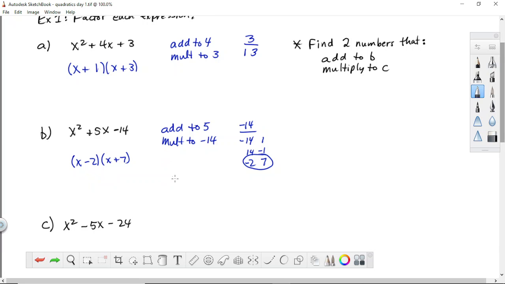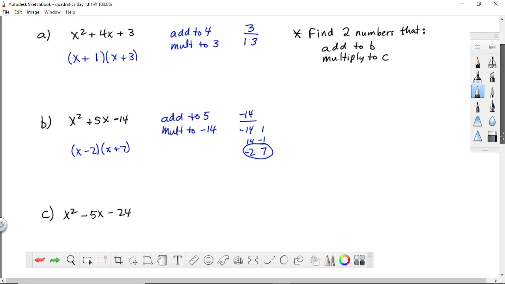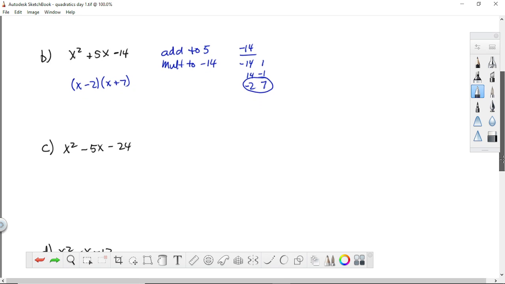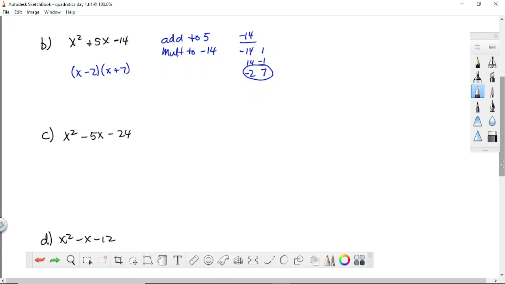Okay, look at a couple more. So this next one, we want a pair of numbers that add to b, right? So this time that's negative 5.